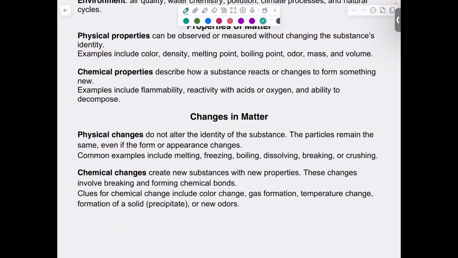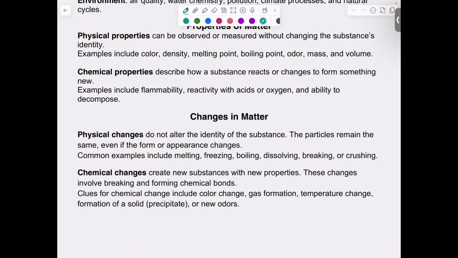Now, clues for chemical change would include a color change, the formation of gas or gas bubbles. There's a temperature change. That means the chemical reaction took heat in and made its surroundings colder, or released heat and made its surroundings warmer, indicating some kind of chemical reaction took place.